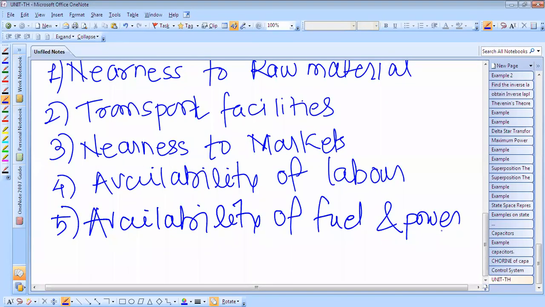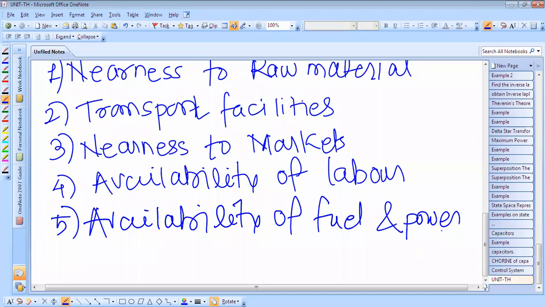Even then, steel industries are located near the source of fuel, for example coal, to cut down the fuel transportation cost. If the coal mines are very near to the steel plants, then definitely it is going to cut the transportation costs.